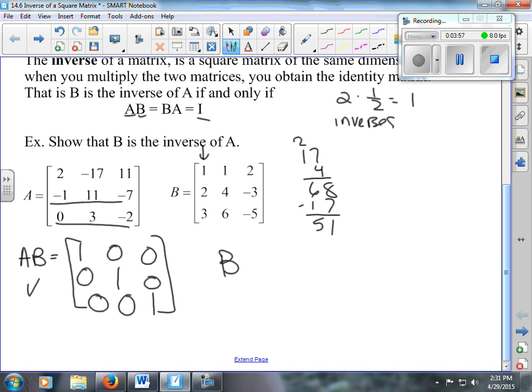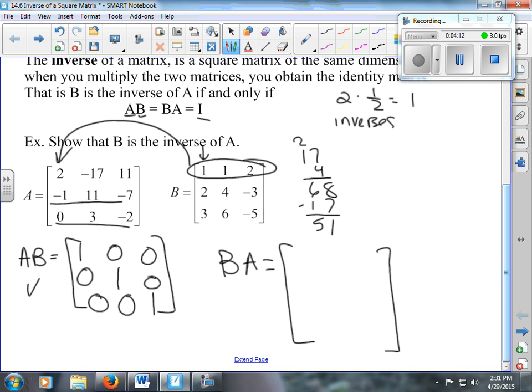Now we also have to check B times A, and see if that is the identity matrix. To do B times A, we take the rows in B and multiply by the columns in A, because matrix multiplication is not commutative. It could be a different matrix the other way. Row 1 of B dotted with column 1 of A, 2, negative 1, 0, gives 2 minus 1, which is 1. Row 1 with the second column, I get negative 17 plus 11 plus 6, that's 0.